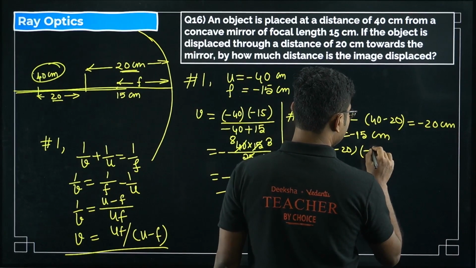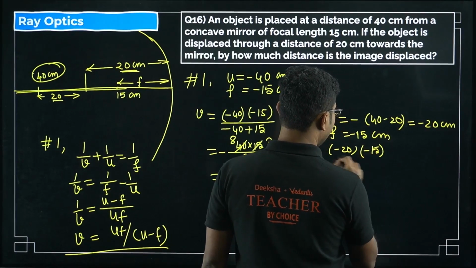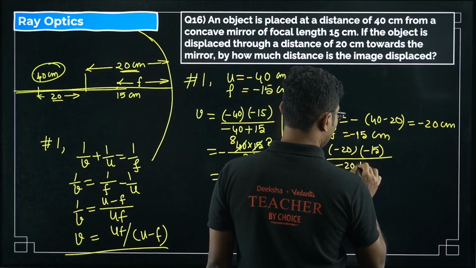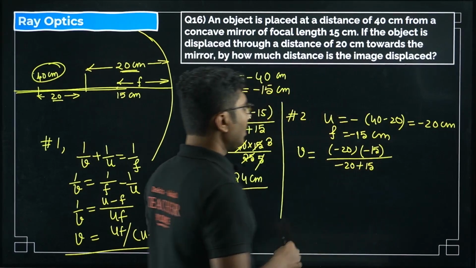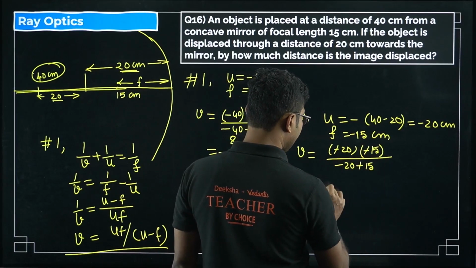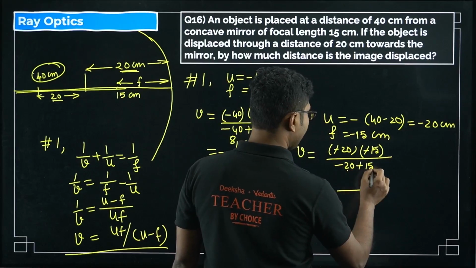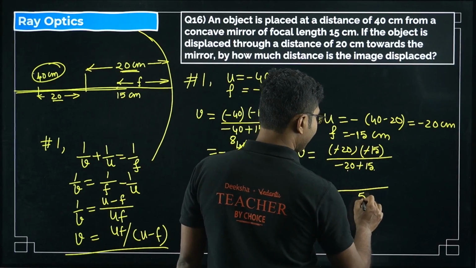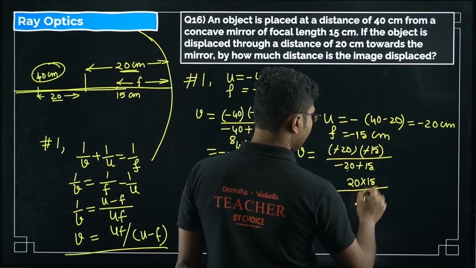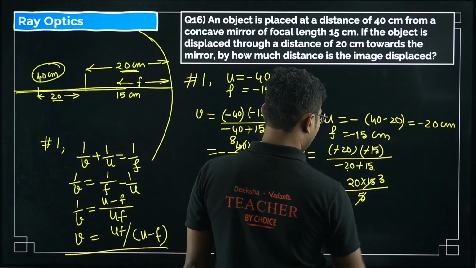V equals minus 20 into minus 15 divided by minus 20 plus 15. The minus minus cancels, but there will be a negative sign that will come up. Minus 20 plus 15 is minus 5, and it will be 20 into 15 divided by 5. So it will be minus 60 centimeter.